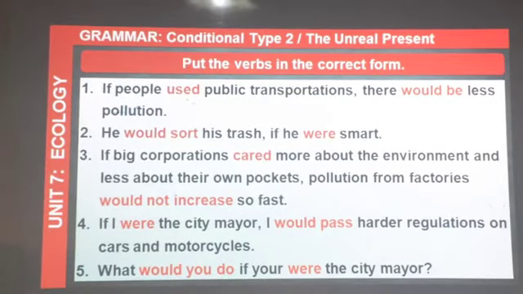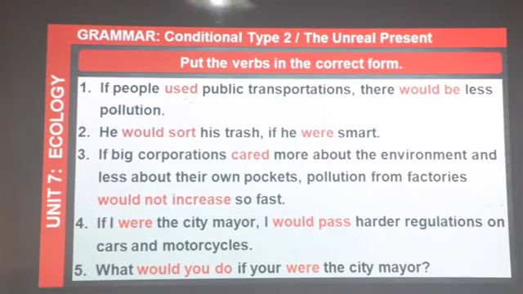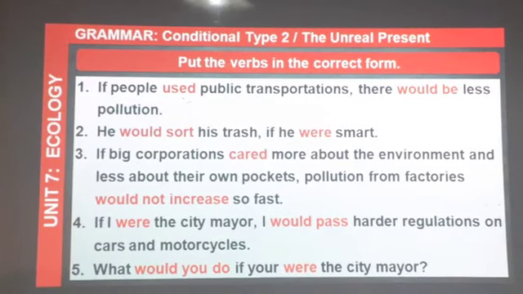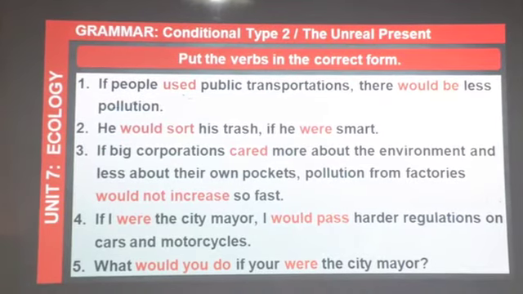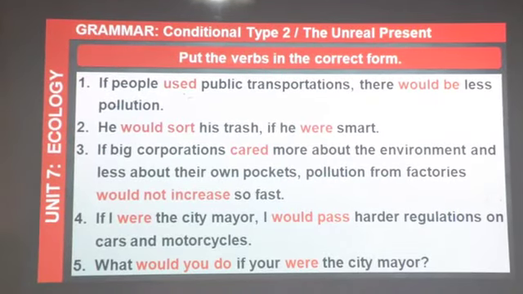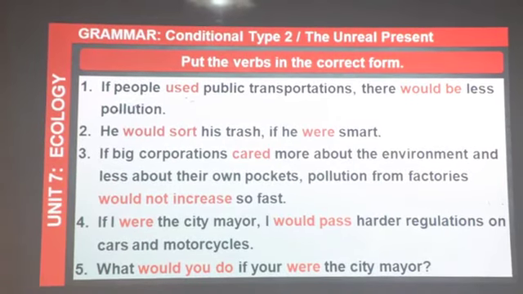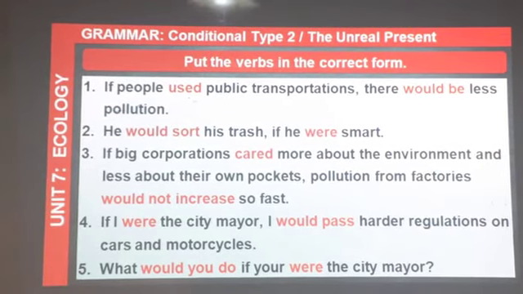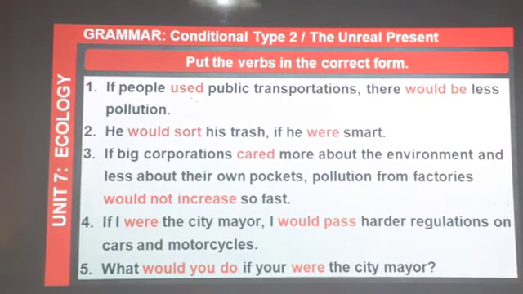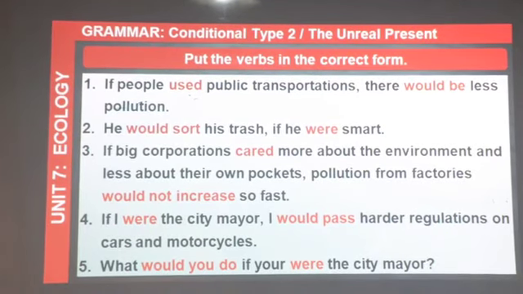Number 3: if big corporations cared more about the environment and less about their own pockets, pollution from factories would not increase so fast. Number 4: if I were the city mayor, I would pass harder regulations on cars and motorcycles. Number 5: what would you do if you were the city mayor?